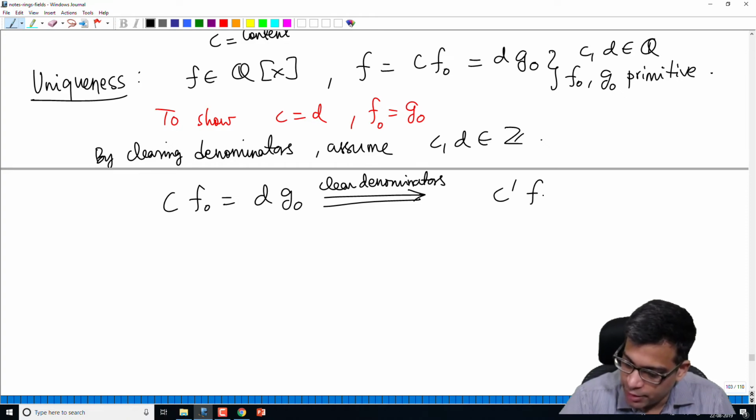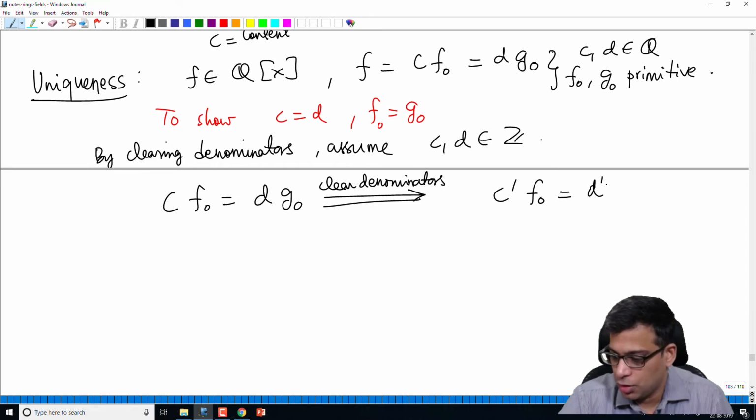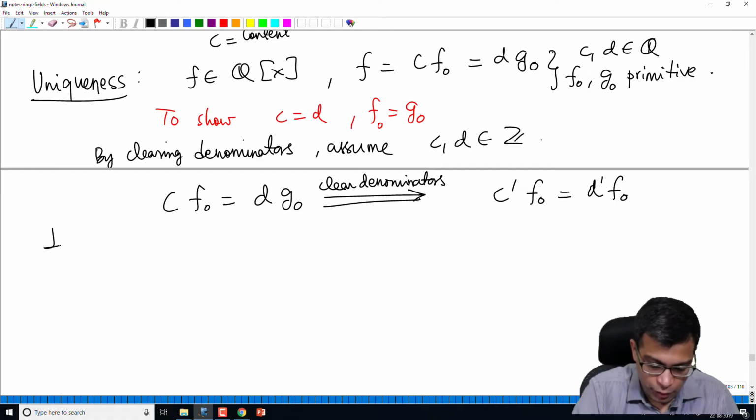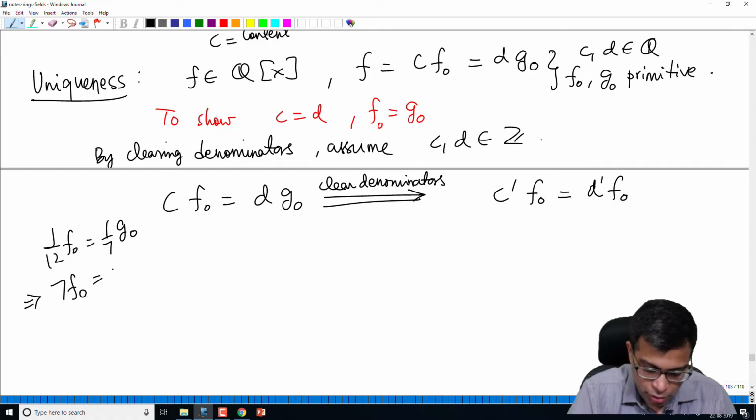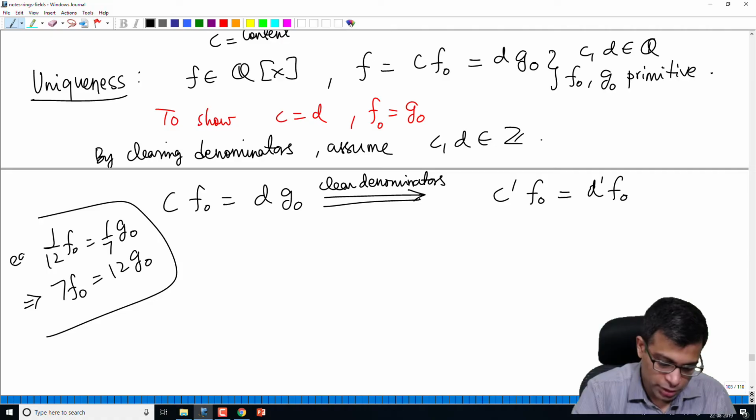I am basically writing C prime f0 equals D prime G0. For example, if you have 1 by 12 f0 equal to 1 by 7 G0, what I am doing is just multiplying by 84. So I get 7 f0 is equal to 12 G0, okay, as an example.